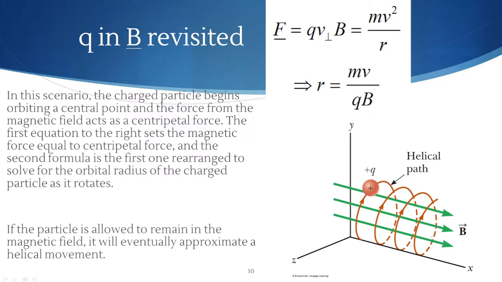It's kind of hard to see this in nature because you tend not to be able to see charged particles, but this pattern of motion is pretty common for charged particles, namely in space or when interacting with magnetic fields of various planets and stars. So this phenomenon does happen, and you can use this formula to figure out what the turning radius of the circular part of this helical shape is.